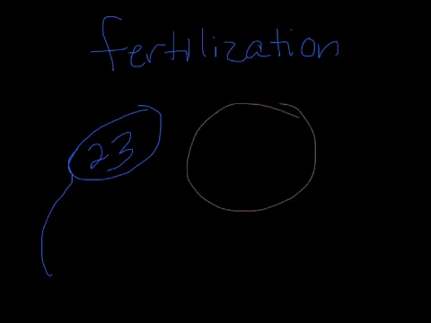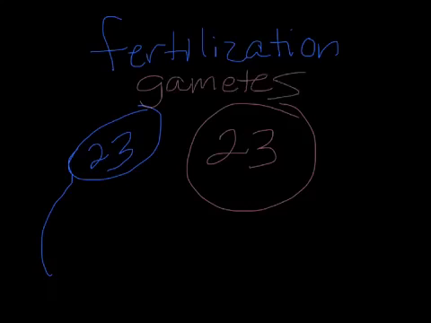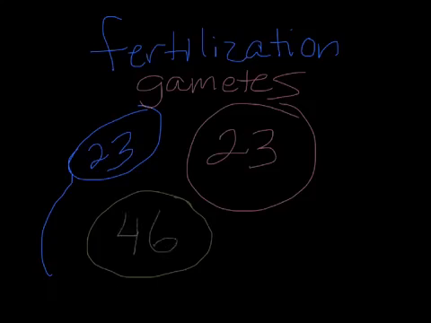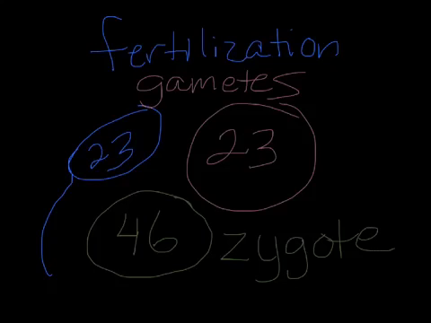We have our pink egg with 23, and when these two gametes meet, we call that fertilization, and they're going to form one cell that is 46 chromosomes, which is going to be the first cell of a human, and that is called a zygote. And so we all begin as one cell that is a zygote. So that is the end product of forming two 23 chromosome unique cells from meiosis and getting them together to form a zygote. And that's the end of this little quick review.